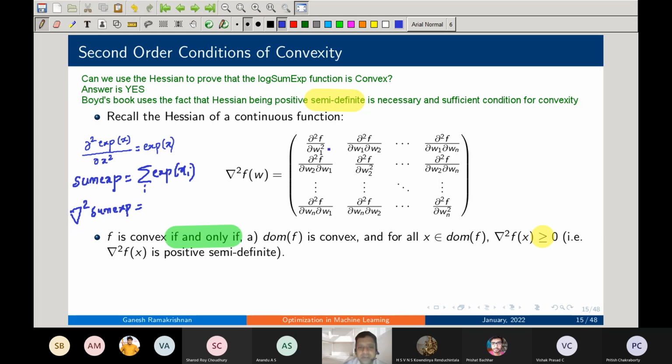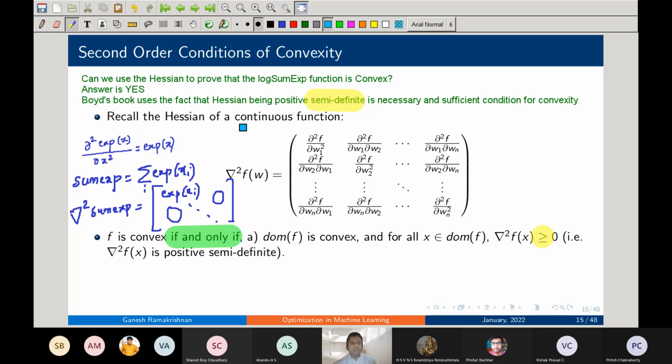Are there any mixed partial derivatives? No, sir. All of them are zero. So what would it look like? A diagonal matrix with exp of xi, and everything else is zero.